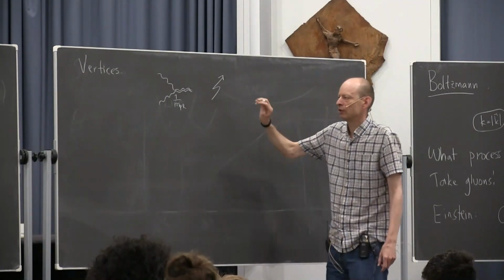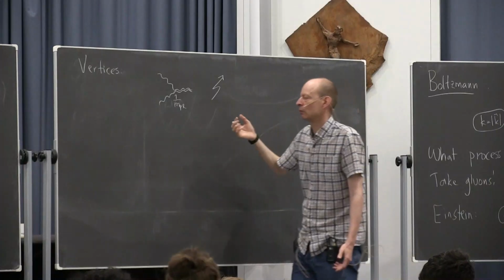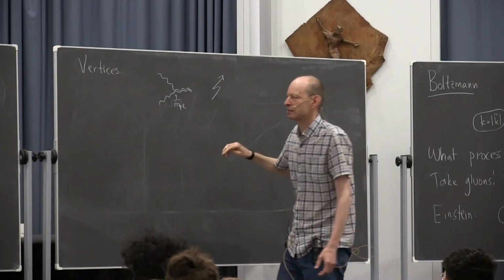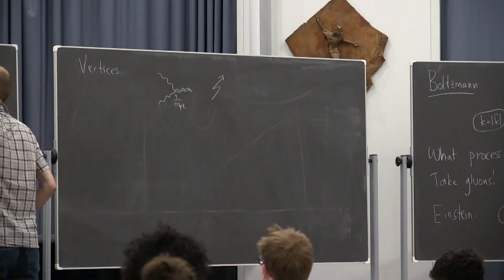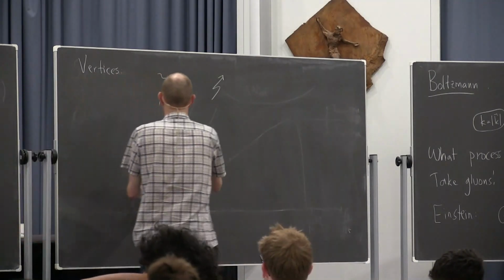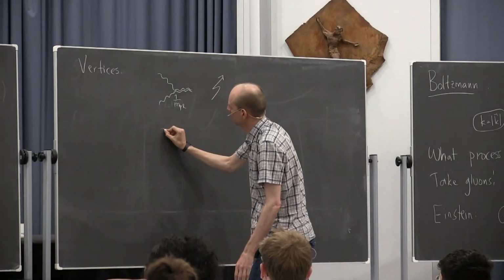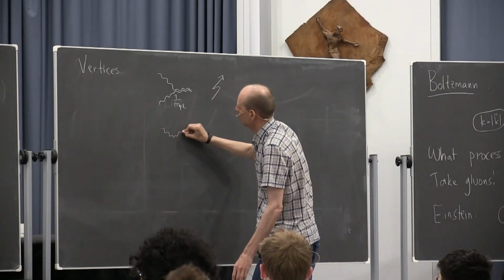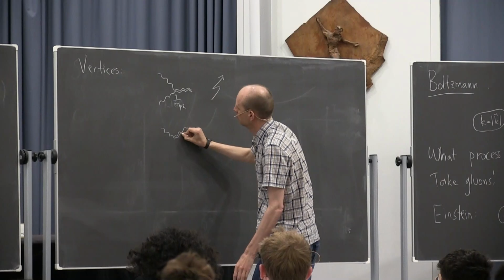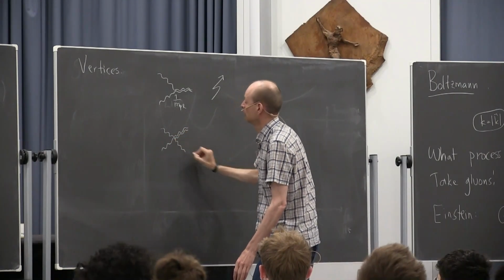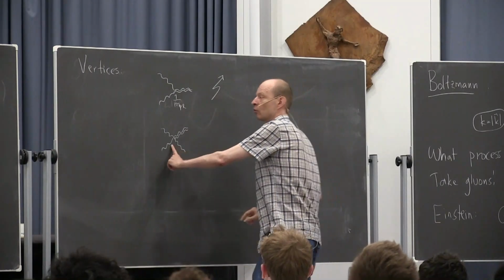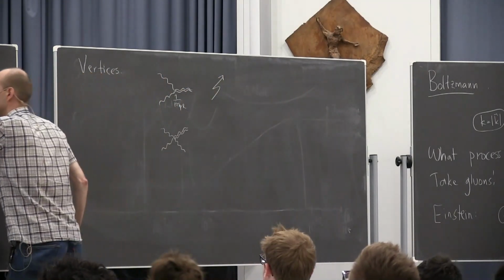But this is only for this particular process. Then we can construct other processes. For instance, we can take two gluons out of one of these Fs. And I could do this kind of a diagram, when I now take two gluons here. And since there is one more gluon, then I get one more coupling, g.